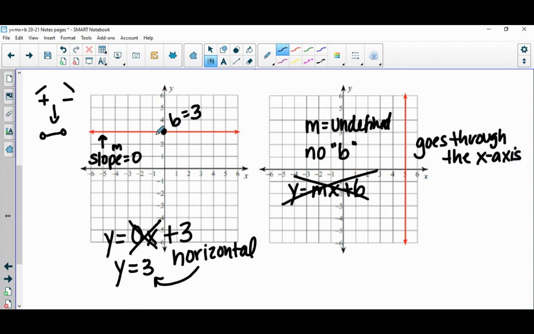Keeping in mind the last one went through the y-axis and our equation was just y equals the number, this one's going to follow the same pattern. Since it goes through the x-axis at 5, the equation of this line is just x equals 5. So all you have to do with horizontal and vertical lines is take a look at which axis it goes through, and that will identify what your equation is going to be for you.